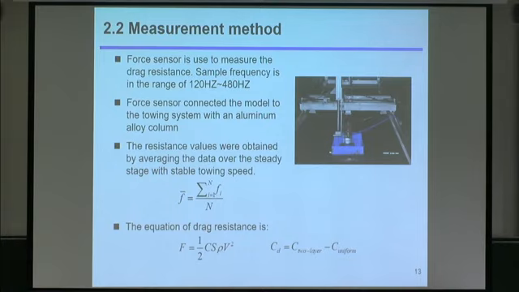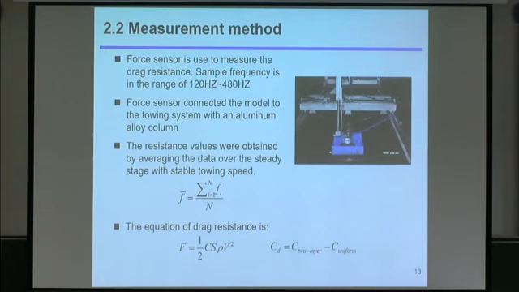That means we can average the data over the steady stage, and then we can get the drag resistance like this. This is the method to deal with the data. Okay, when I get the resistance, we know in the uniform fluid, the drag resistance can also be written in this form.